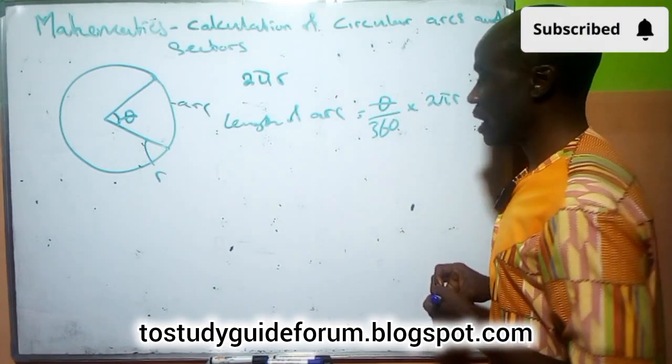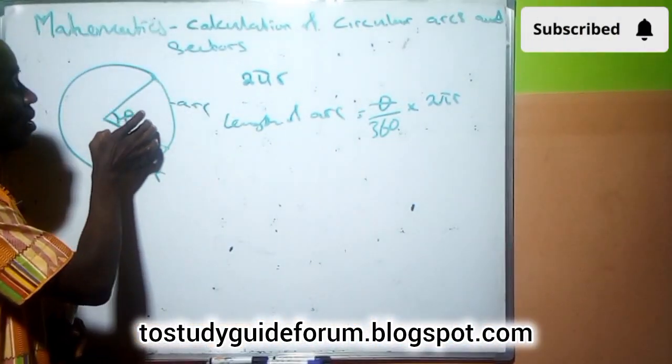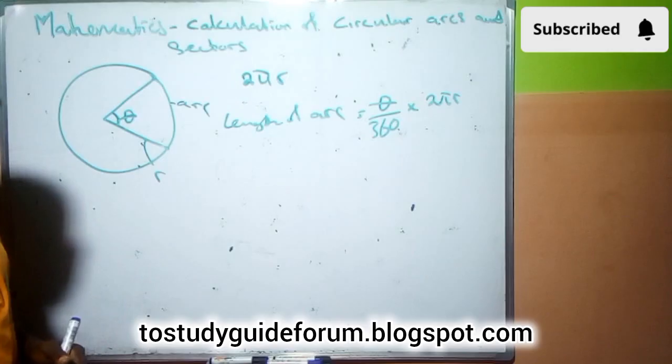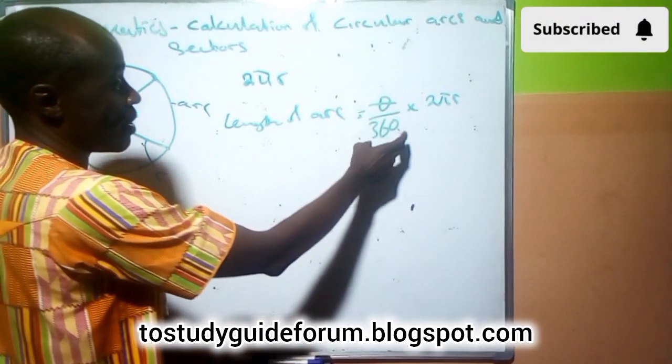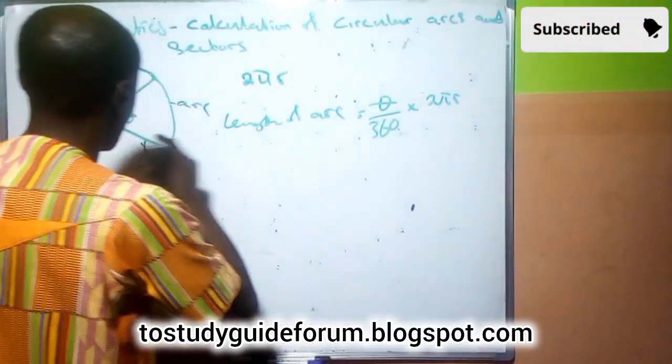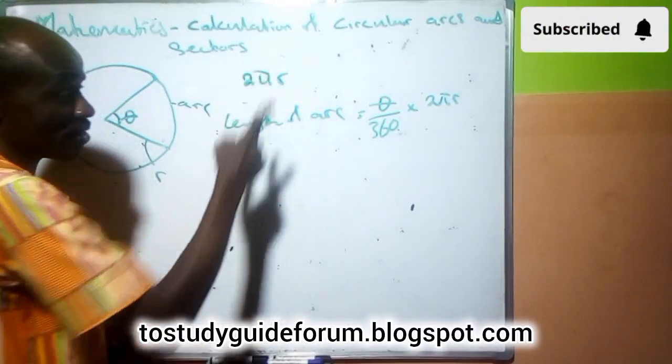This is just finding the fraction of the portion we are looking at, because theta divided by 360 gives us a fraction of the circumference of the circle.